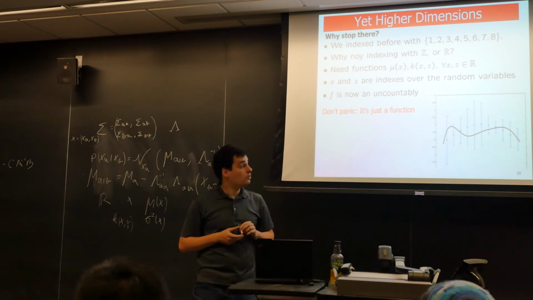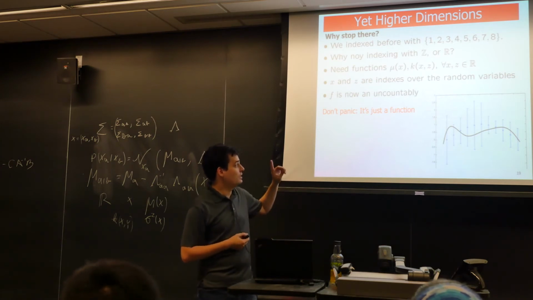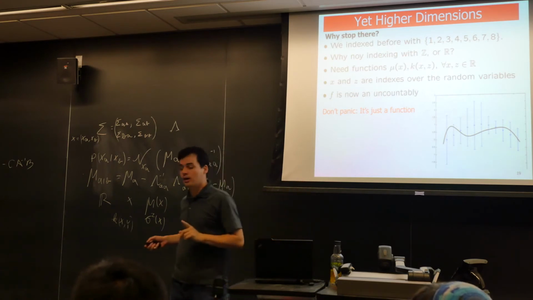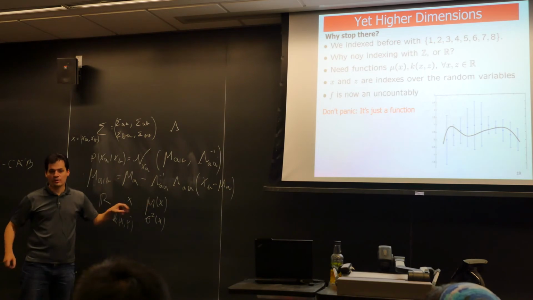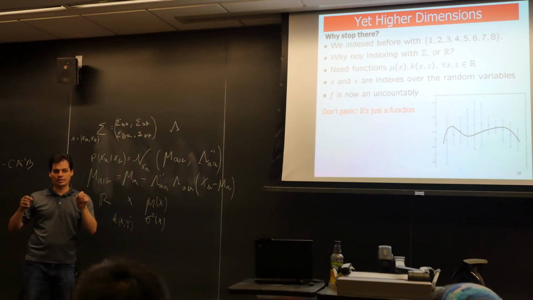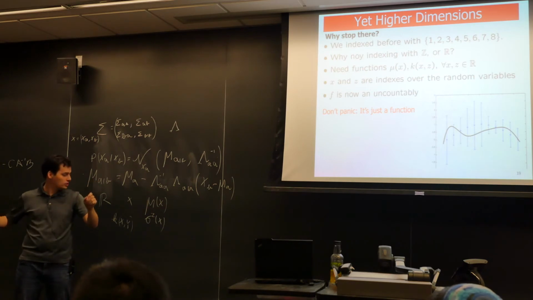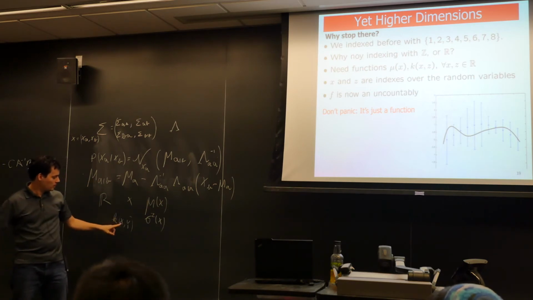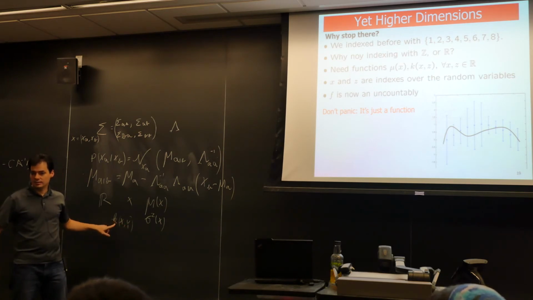What we need for this is to define a mu function, so that for each x, it would be the mean of the Gaussians. I also want to define the correlation between any two Gaussian distributions. So the covariance between the Gaussians at index x and index y will be defined with this k(x, y) function.